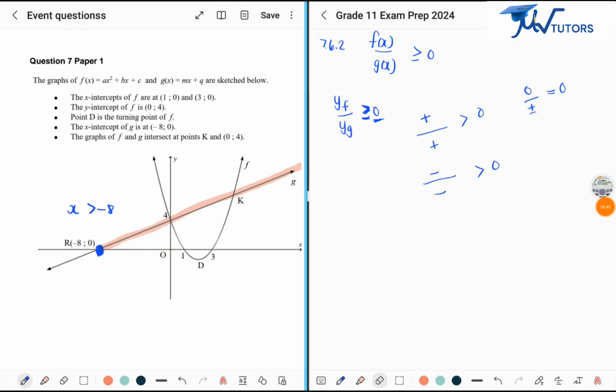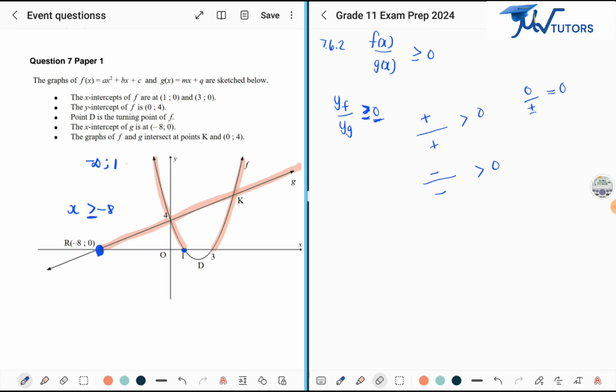And then for f, where is it positive? The y values are positive over this region and also over that region. So basically x goes from negative infinity up until we reach 1. At 1, that's where we have 0, so we can include it. Even here we have to include it because that's where y is 0, and then it starts being positive.